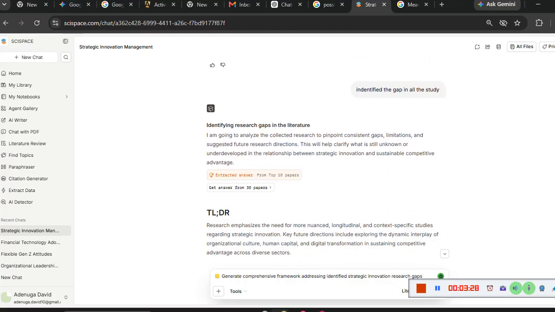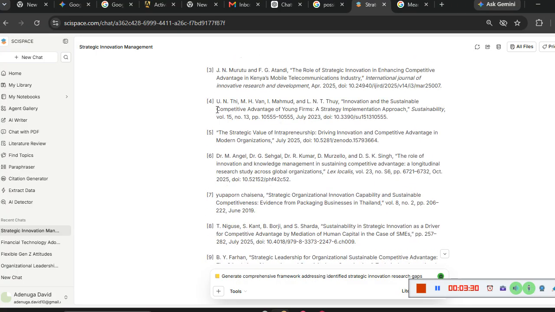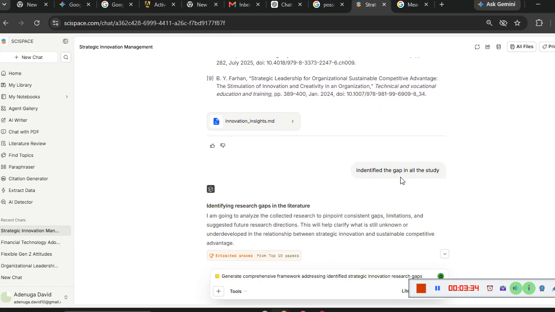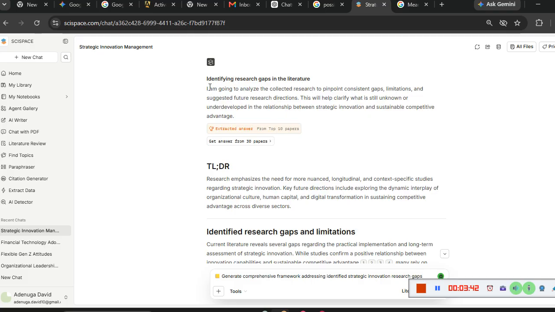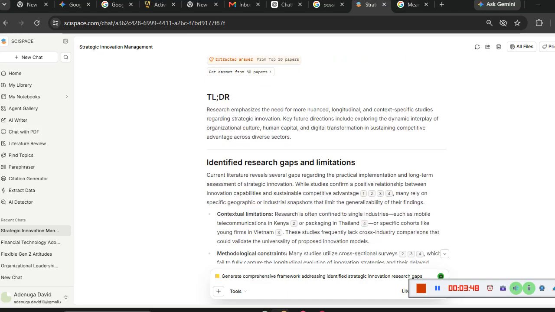After it had done all that, I said, okay, identify the gap in all the studies. Then it went further and said, I'm going to analyze and collect the consistent gaps. So then it identified the gap.